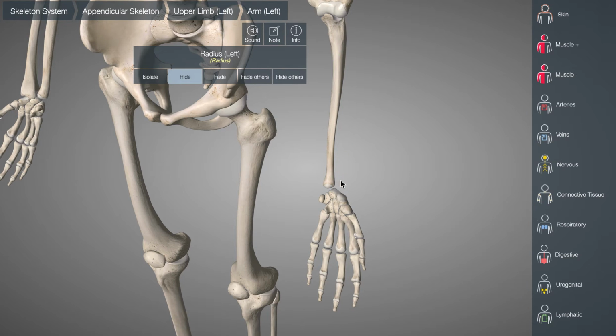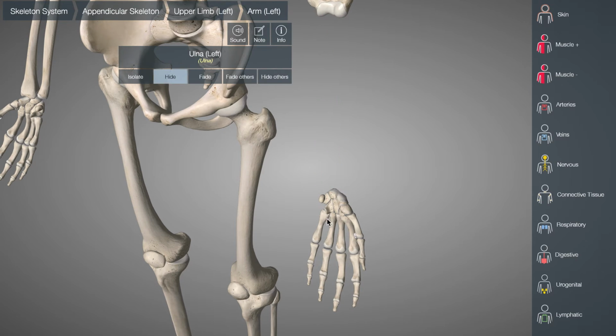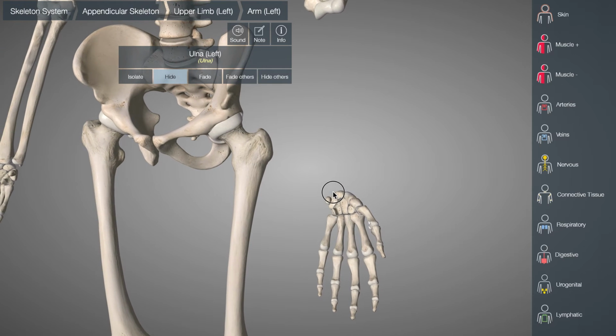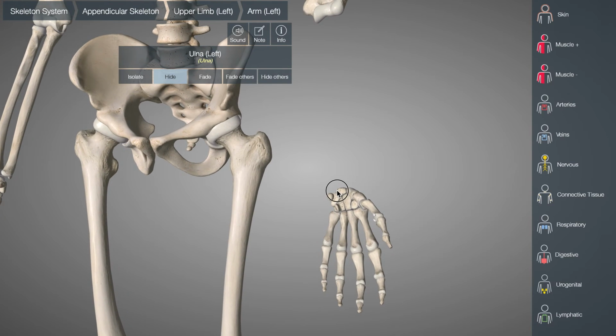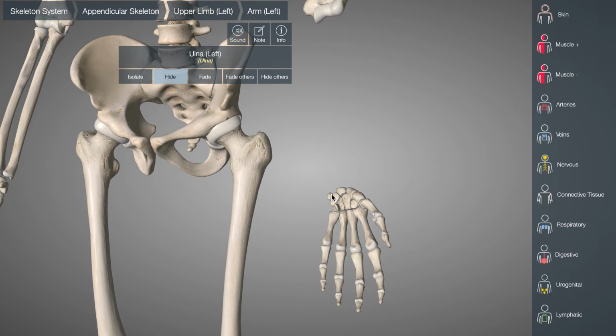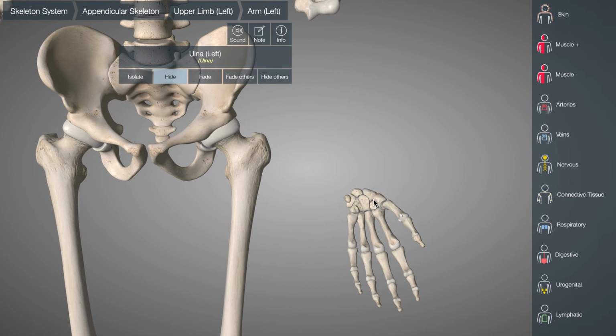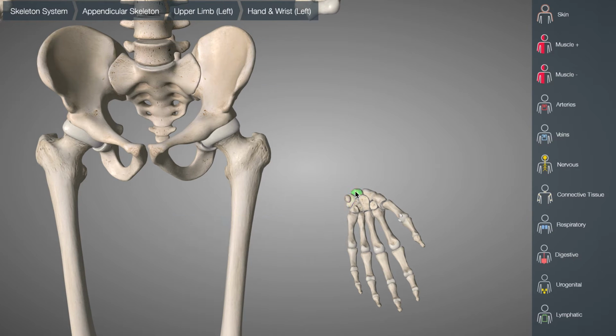Okay, we have quite a few bones right over here. They're called the carpals, and that's going to be the wrist bones. You have a total of 8 of them, and we're going to go ahead and start.